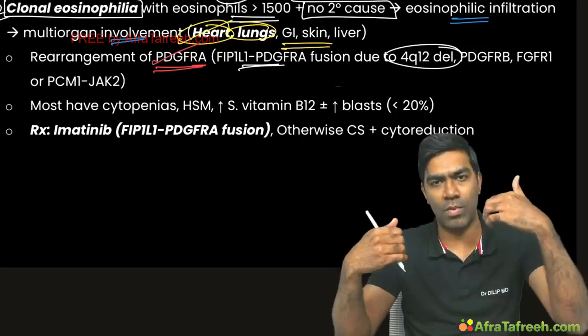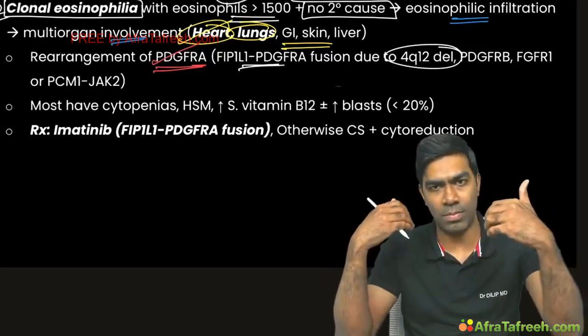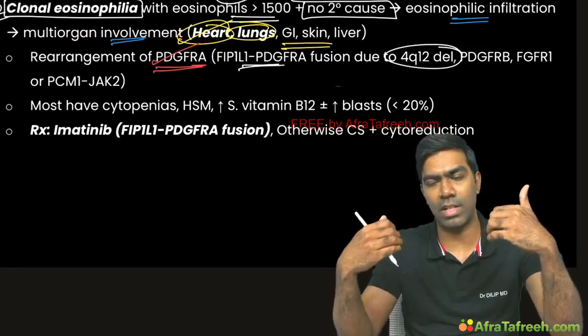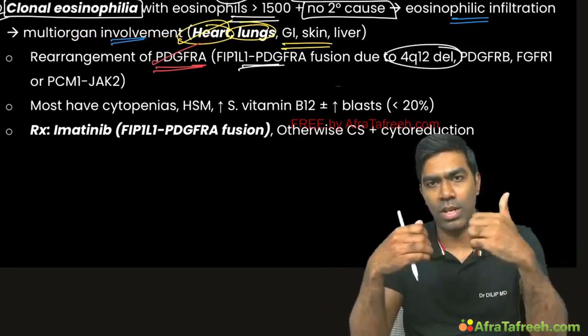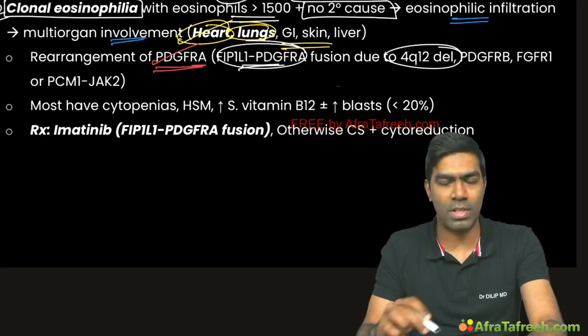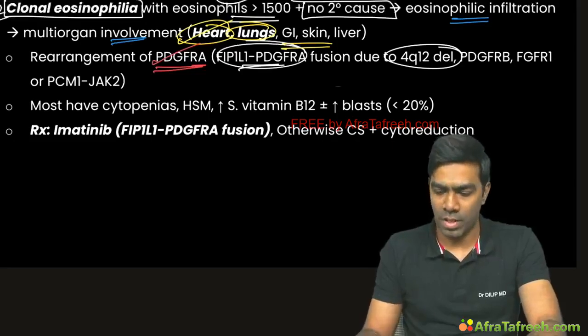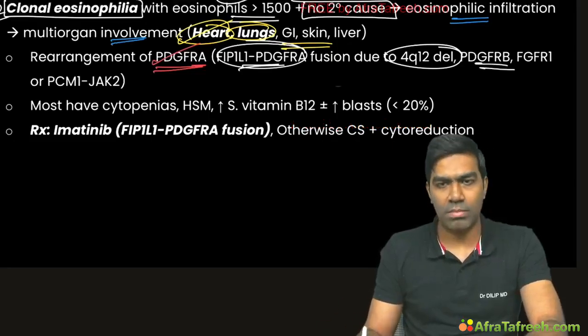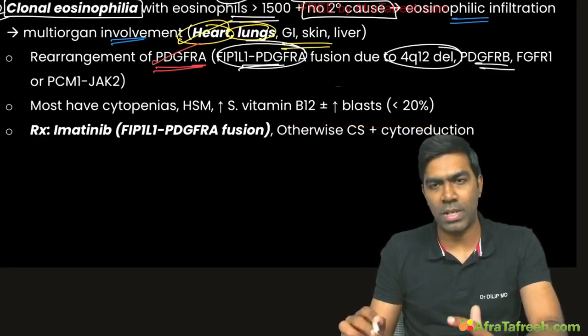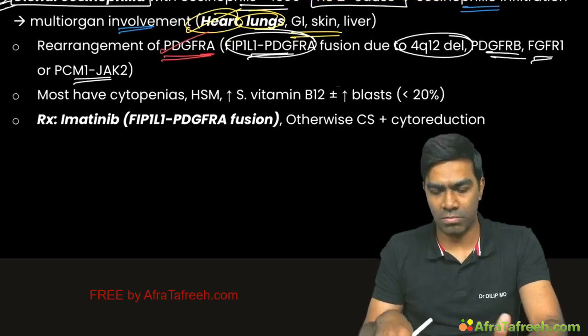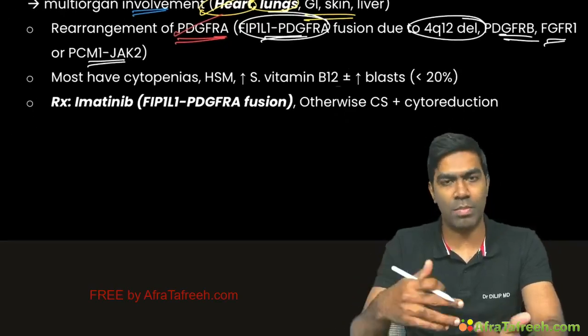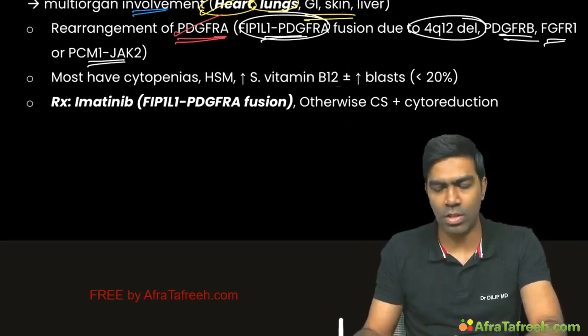The FIP1L1, which is present in chromosome 4, and the PDGF receptor A gene that is present in chromosome 4 are going to come together and fuse with each other. Both are actually present in chromosome 4 only. And apart from that, it can involve fusion of PDGF receptor B, FGF receptor 1, or the fusion can be in the form of PCM1-JAK2 also, which is something that I discussed already at the very beginning of the chapter.